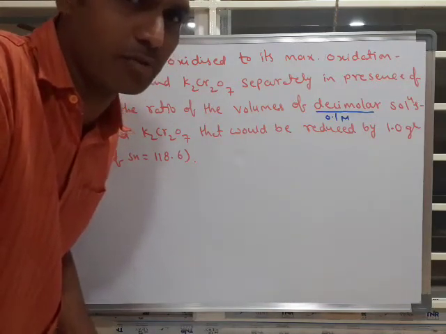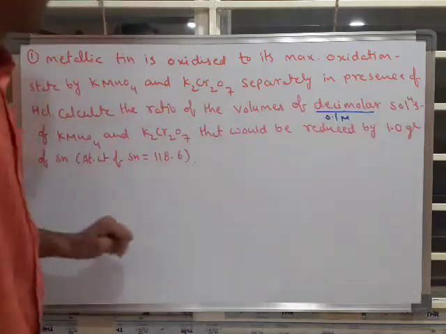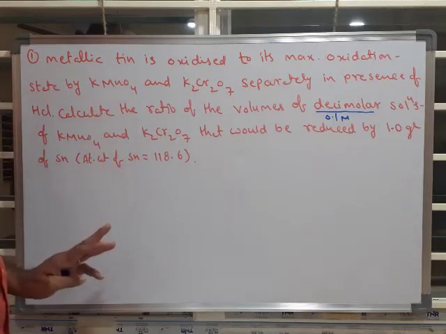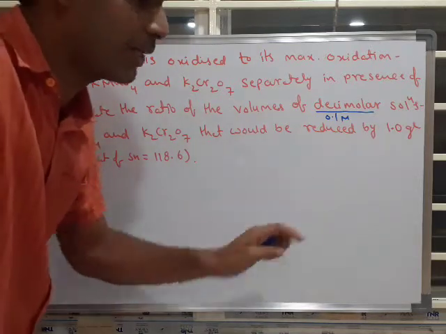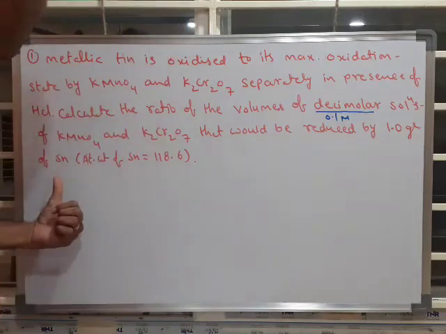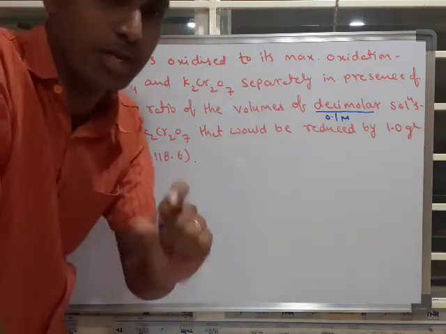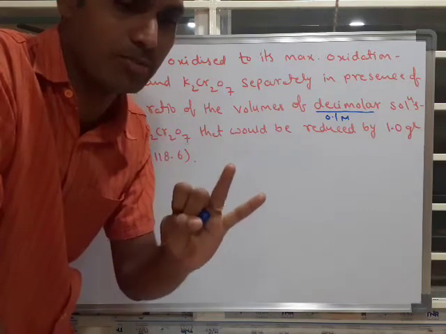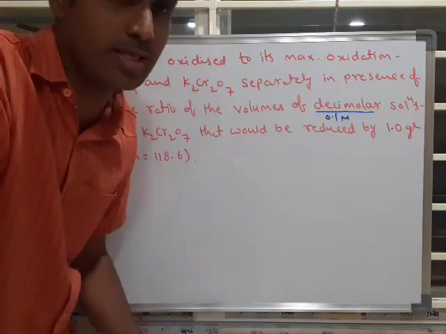Deci indicates 0.1. We know that. Already we know potassium permanganate and potassium dichromate are good oxidizing agents.